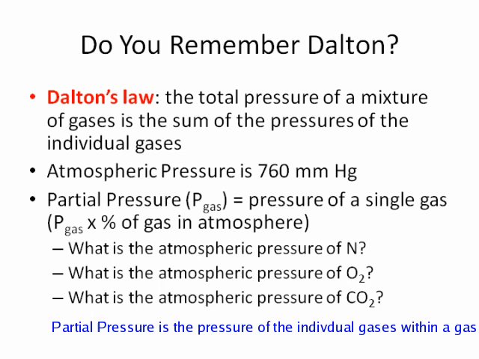If you take the pressure of each of those individual gases, which is simply the pressure of a single gas times the percentage of the gas in that specific atmosphere. In other words, what is the atmospheric pressure of nitrogen?